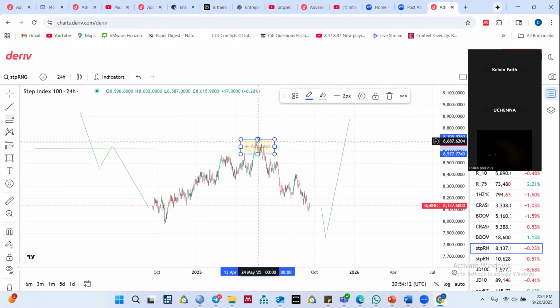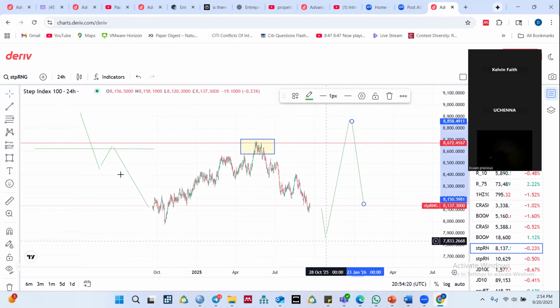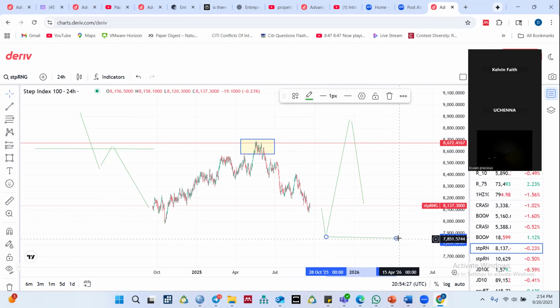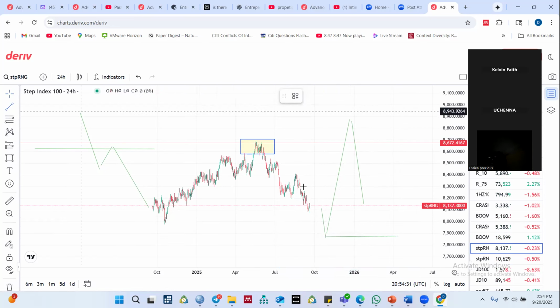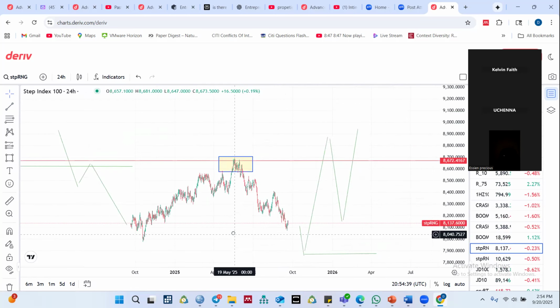This is it. So until price takes that out and gives us a failure swing, like drops down but does not take this low out, right? That's the only thing that's going to tell us that we are going to see a reversal, until something like this happens.